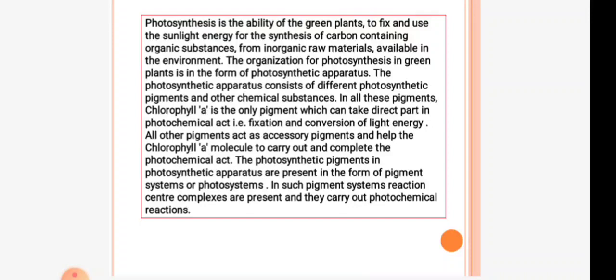All other pigments act as accessory pigments and help the chlorophyll a molecule to carry out and complete the photochemical act. The photosynthetic pigments in the photosynthetic apparatus are present in the form of pigment systems or photosystems. In such pigment systems, reaction center complexes are present and they carry out photochemical reactions.